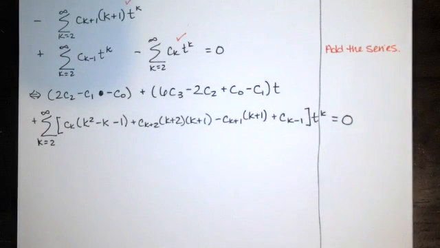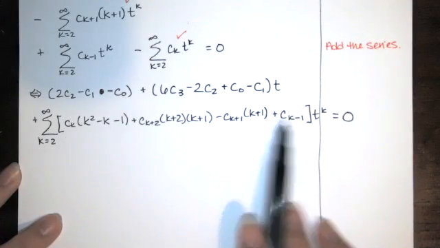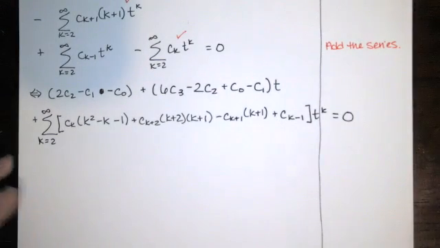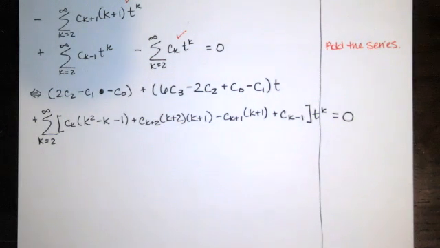Okay. So now we're thinking of this 0 as an infinite series with a bunch of zeros in it. So 0 plus 0t plus 0t squared plus 0t cubed plus 0t to the fourth and so on. So the only way that this series on the left-hand side is equal to this series with infinitely many zeros on the right-hand side is if all of the coefficients of t on this side are equal to 0.